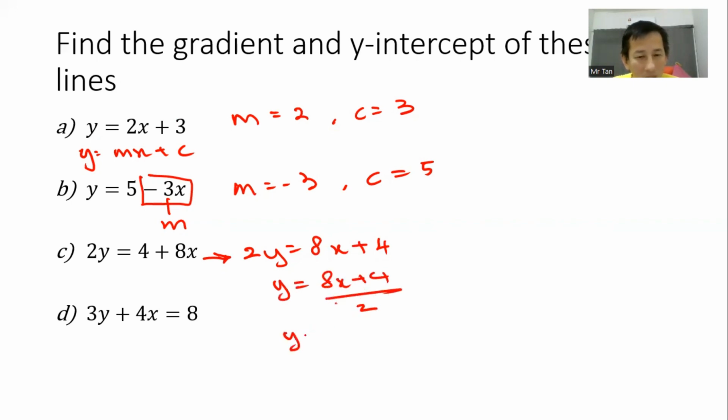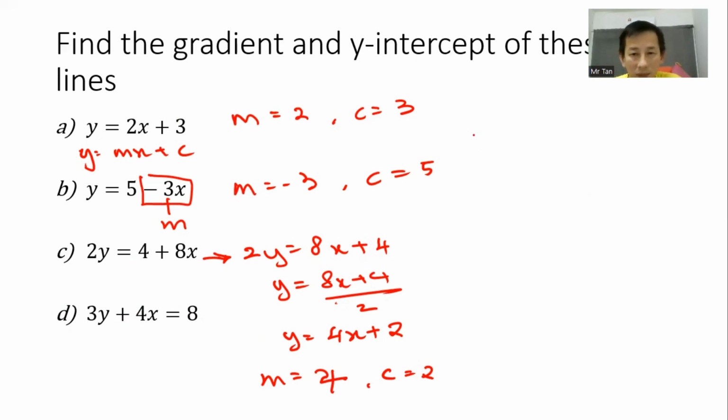So you will get y equal to 4x plus 2. Therefore, your m is equal to 4 and your c equal to 2. If you have any question, feel free to comment.